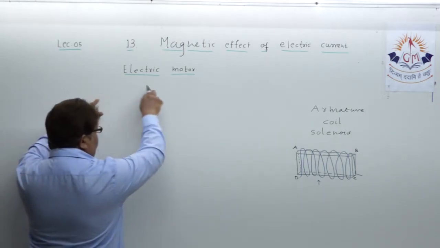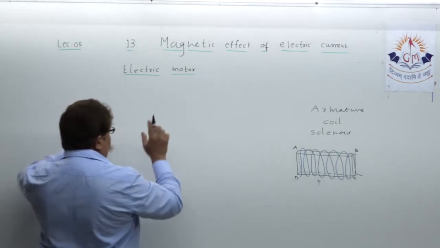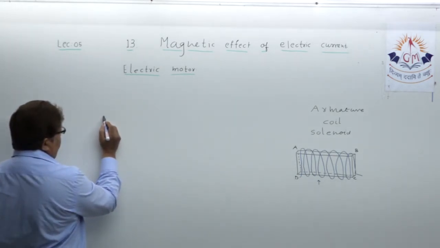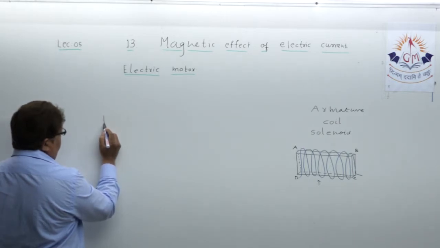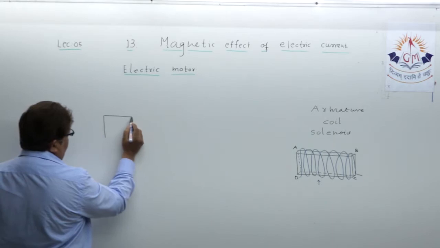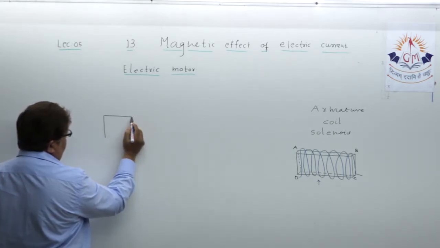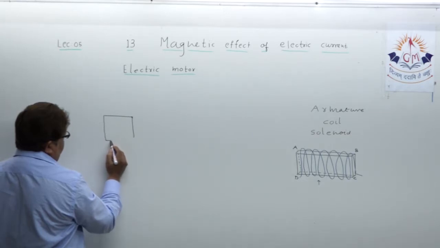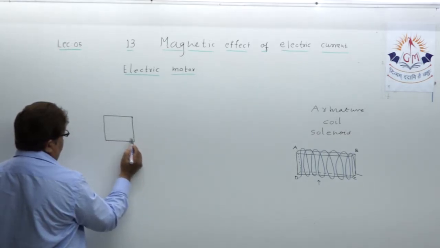Actually, the horseshoe magnet is shown this way. We are seeing it from the front. Suppose, let us try to draw both the poles of the magnet. Okay, let us try to draw.